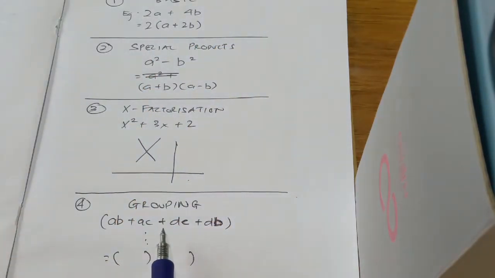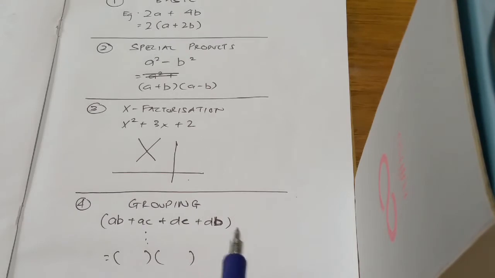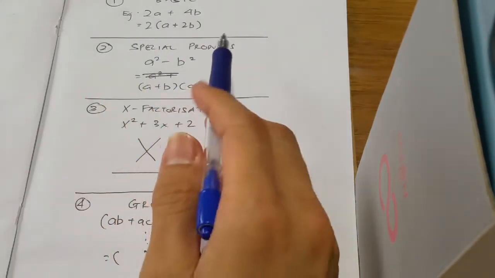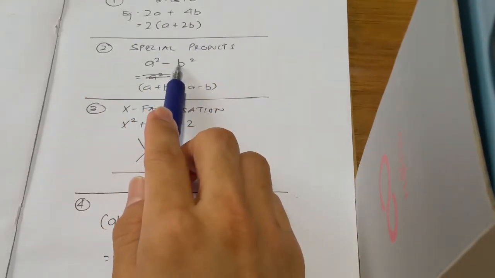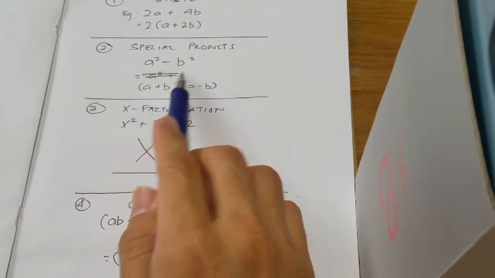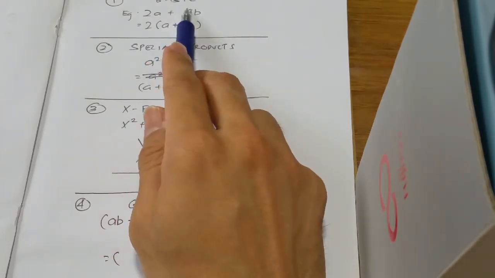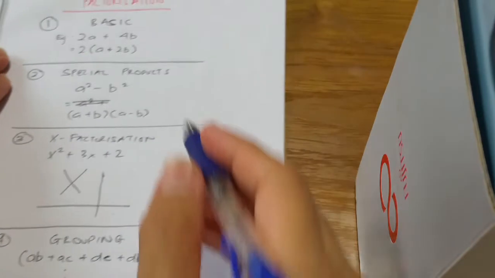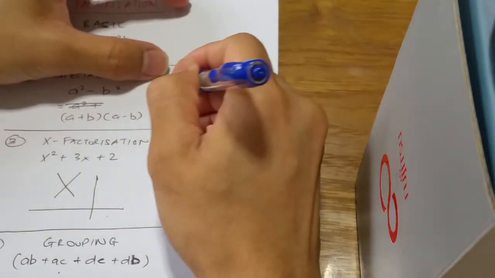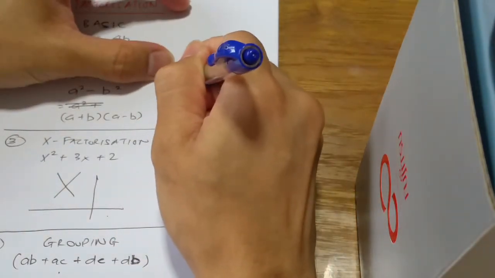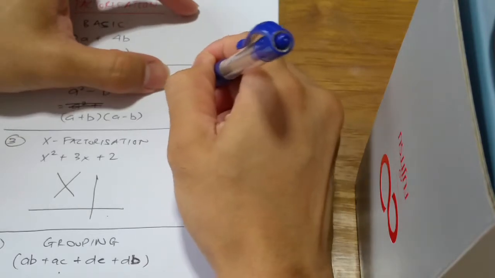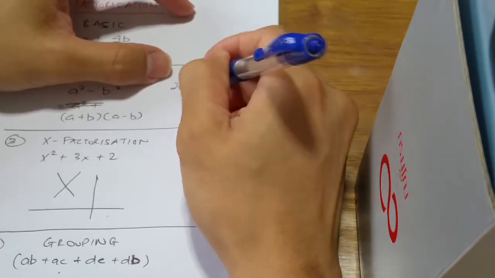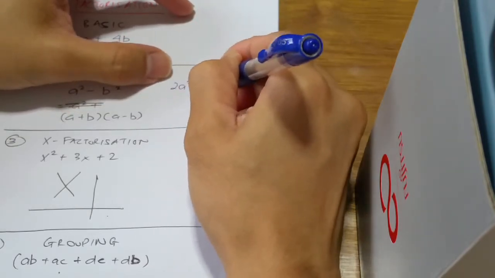Maybe your school is going to add higher order thinking questions, so remember, if you can't apply the special products, there is something you need to do first, which is basic factorization. A very classic example is this kind of question: 2a square minus 50b square. Let's look at this example.